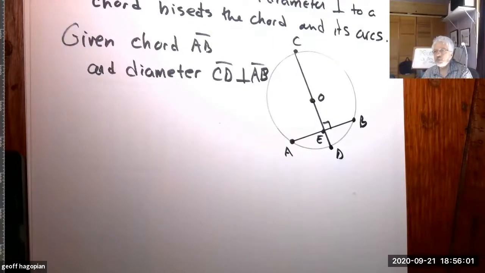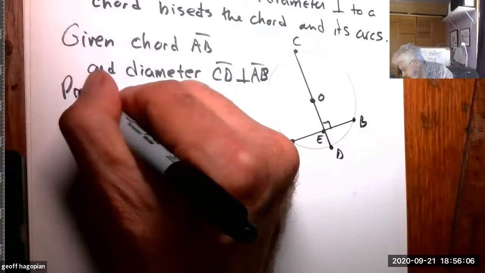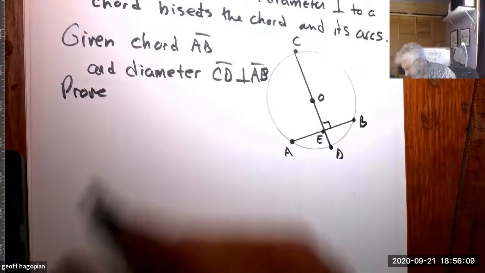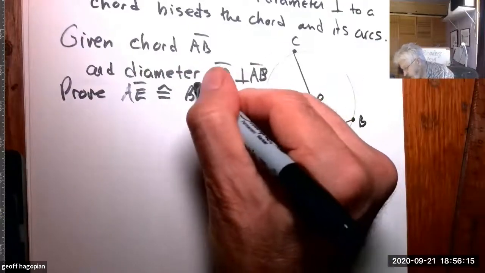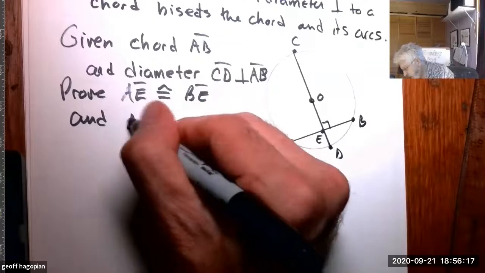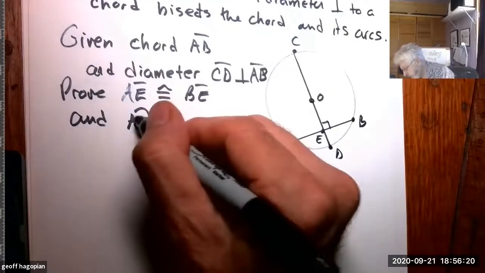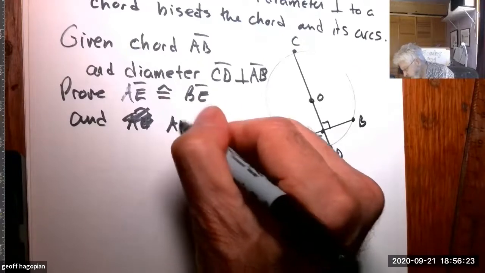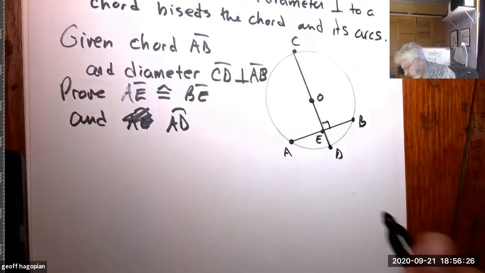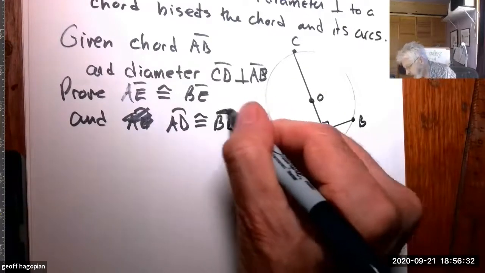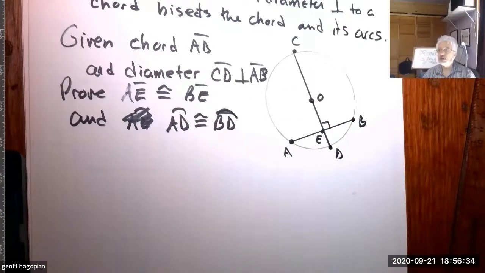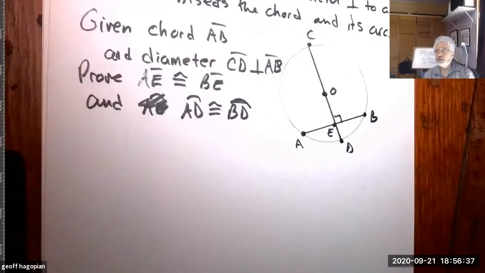We want to prove that AE is congruent to BE, and the arc AD is congruent to the arc BD, right? They make a little curved thing over the top if it's an arc, right? Okay, so we can draw the radii.